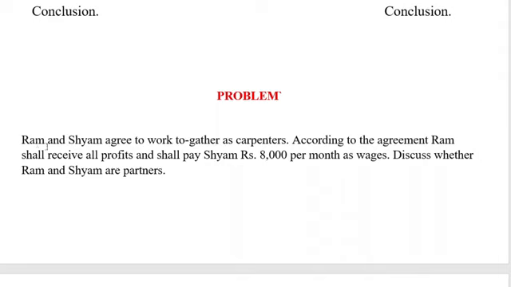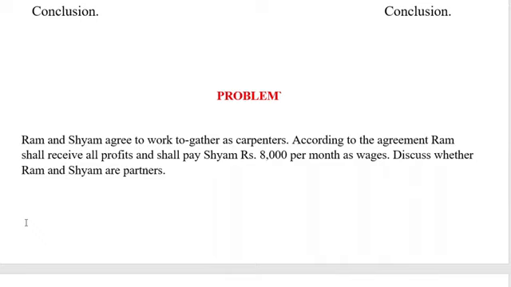Here it has been given: Ram and Shyam agreed to work together as carpenters. According to the agreement, Ram shall receive all profits and shall pay Shyam rupees 8,000 per month as wages. Discuss whether Ram and Shyam are partners. Here the question has been given. There are two carpenters.